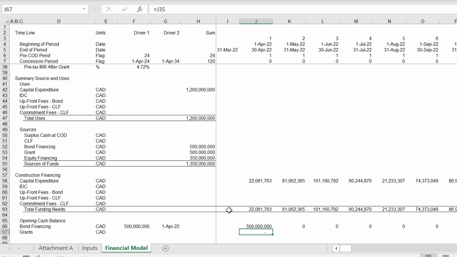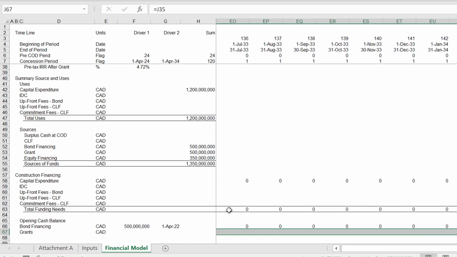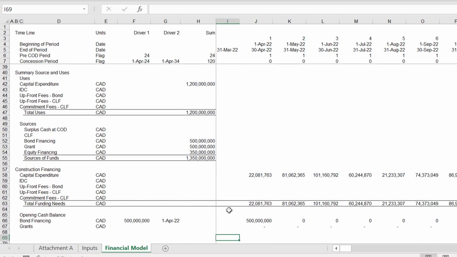So instead of talking it through and trying to explain something, I'm going to probably change that. After we put this balance in here, then we need, that's how much we get, and then we put less funding needs.